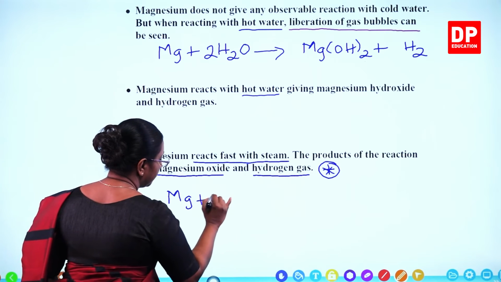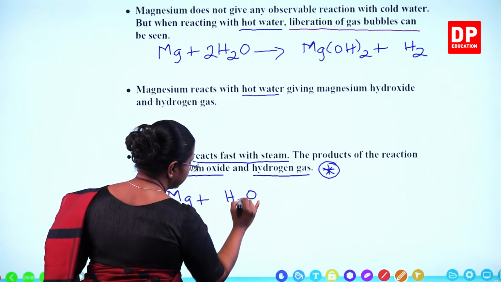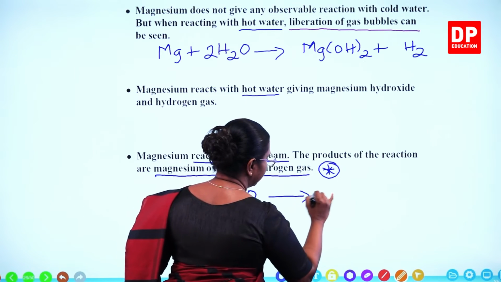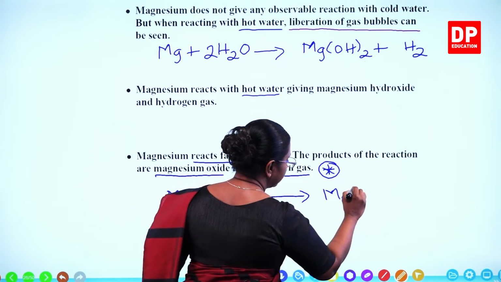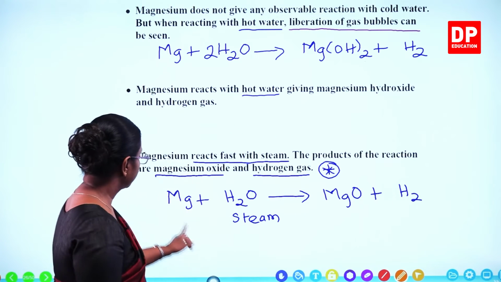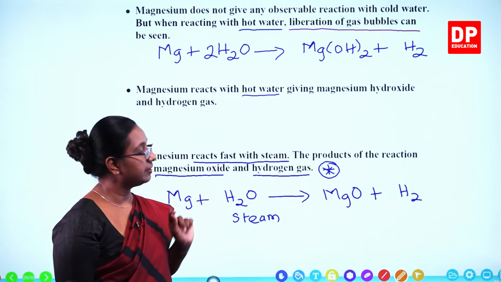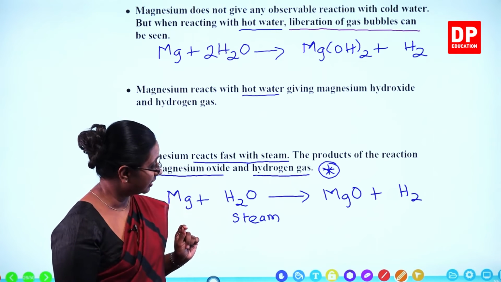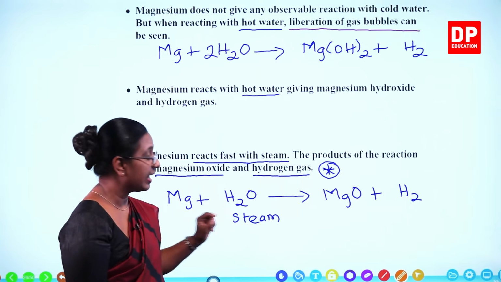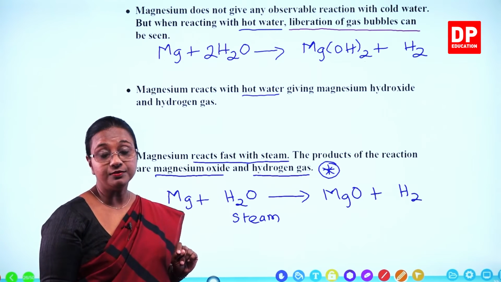Magnesium plus water, but this is steam. That will give rise to magnesium oxide and hydrogen. So Mg plus H2O, if it gives MgO, that is magnesium oxide, and liberates H2 gas, you should know that it is steam or water vapor.